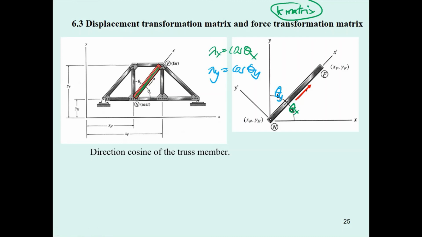And then, since this is with respect to the global coordinate 0, 0, you can use this reference to determine x sub n, y sub n. Sorry, it's going to be the global coordinate here.